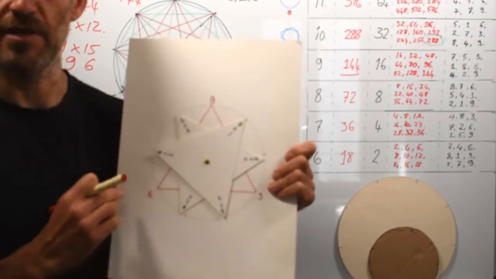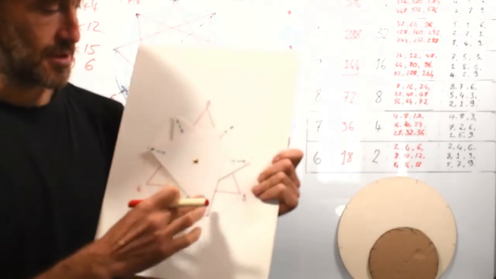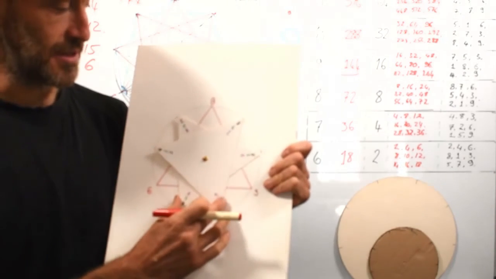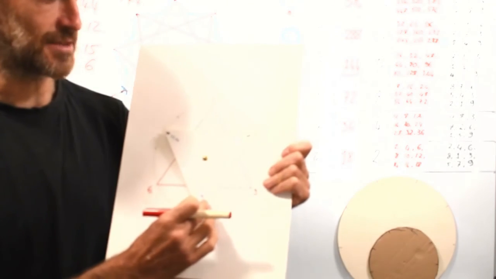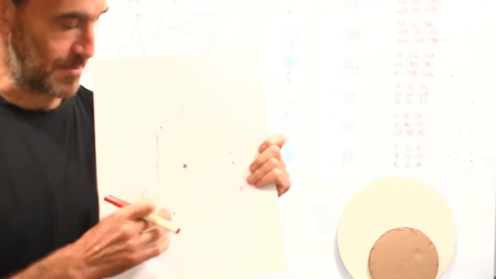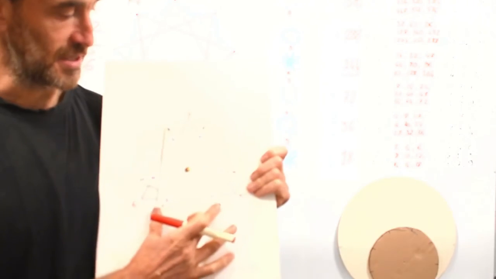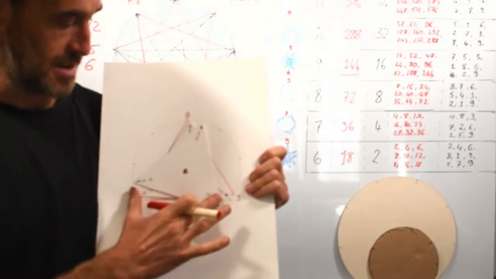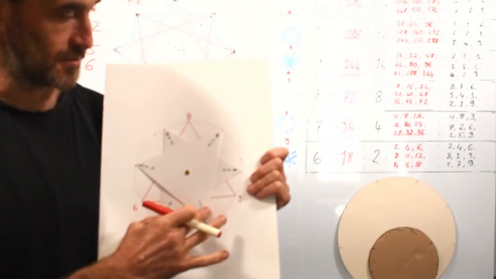Here we have our 3 equilateral triangles which spin together, and as we've seen in earlier videos, as they spin in the correct order, they create their own geometric forms: 6-pointed star, triangles, and 9-pointed stars.